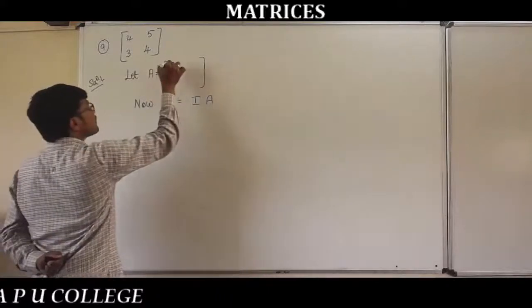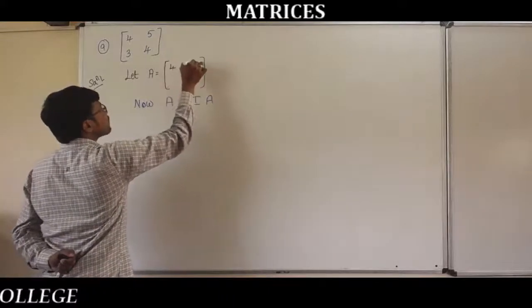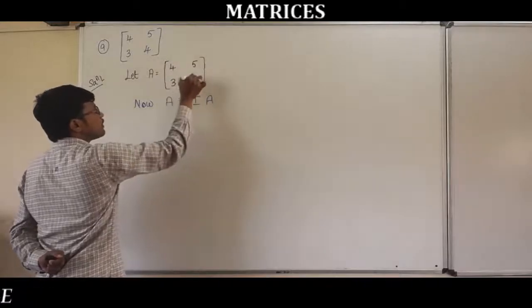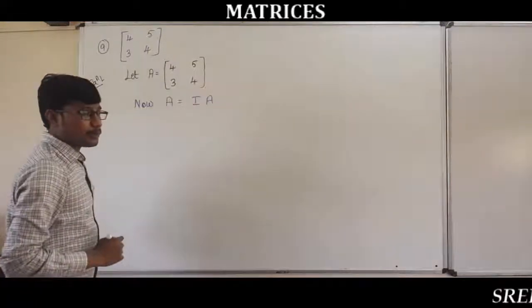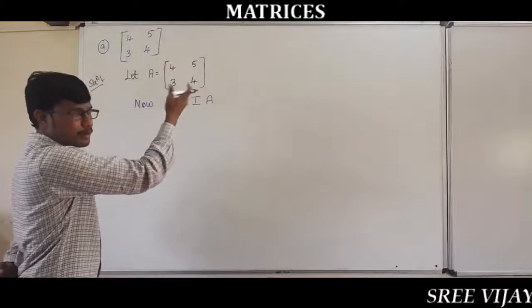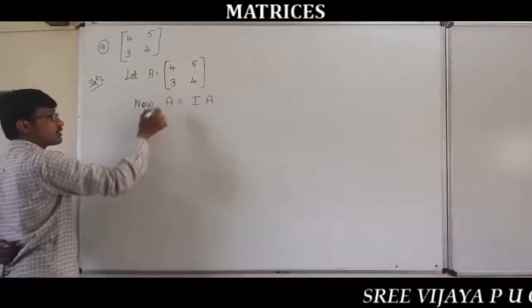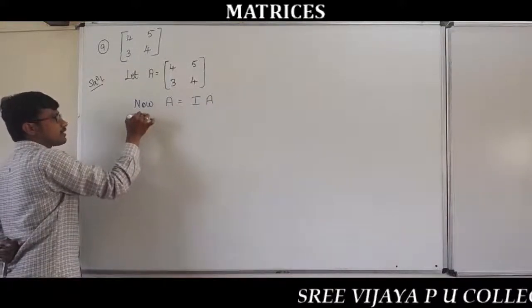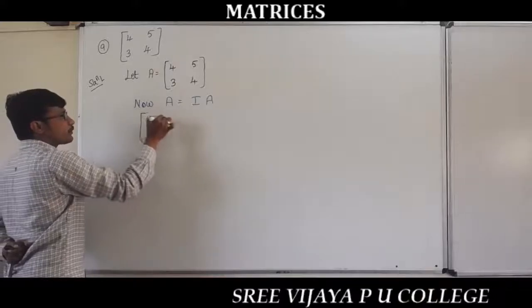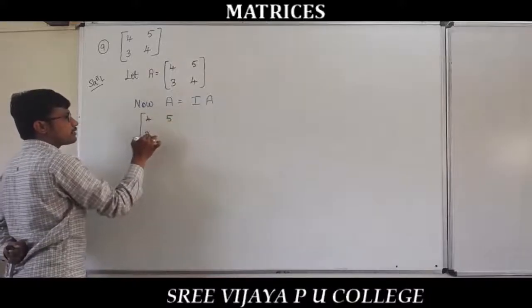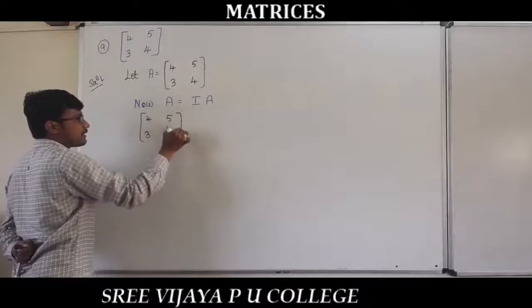Let capital A be equal to [4, 5; 3, 4]. Elementary operation means you have to write the condition A is equal to I A. This is A.